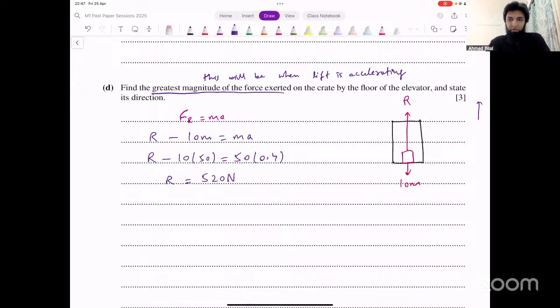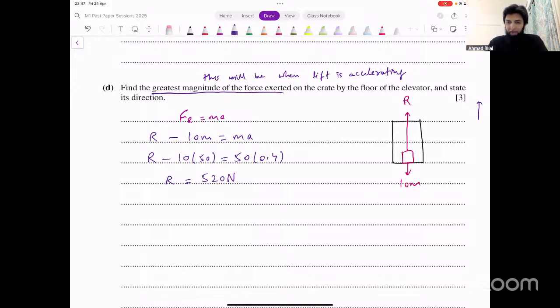So you must have noticed when you are in a lift, when the lift starts moving upwards, you feel some force on your feet because the lift is accelerating at that point. But then when it has moved a certain distance, it has gone to the second, third floor, you don't feel that force anymore because at that point the speed becomes relatively constant. So you don't feel that force from the lift anymore, right?